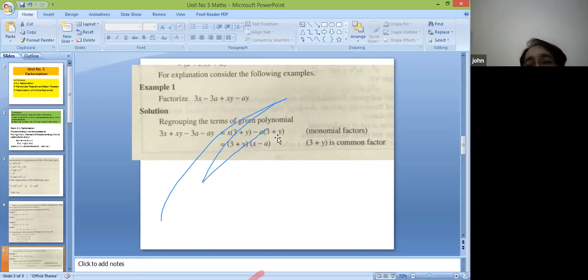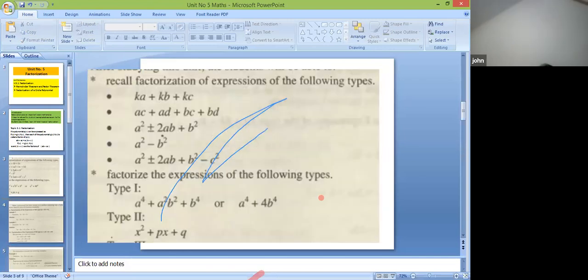Once again, a common factor is there. So 3 plus y is the common factor, and the remaining factor is x minus y. So the whole process is known as factorization.